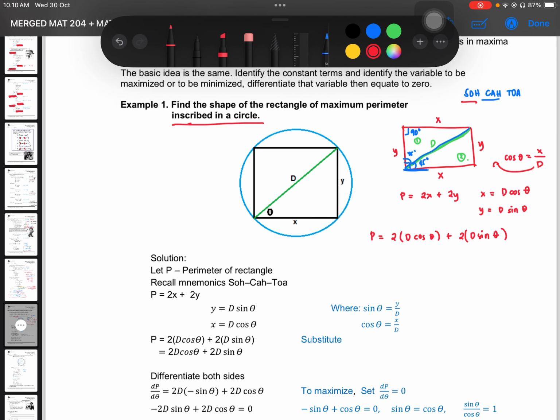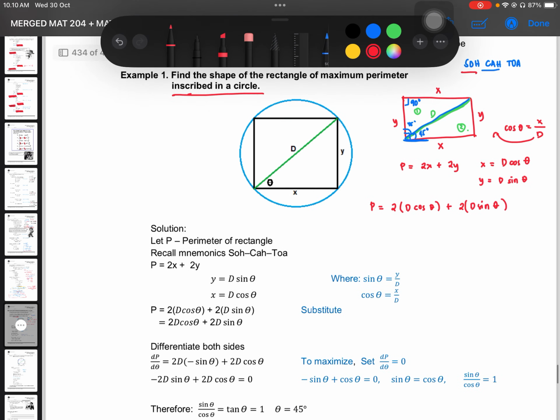Combining, P is equal to 2d cosine theta plus 2d sine of theta. Okay. So, let's differentiate both sides.